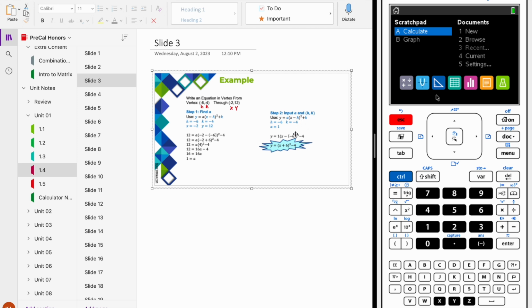Keep in mind, even though we have a -6 and we are subtracting, that will turn that x minus a -6 into a +6. This down here would be our final answer of y is equal to x plus 6 squared minus 4.